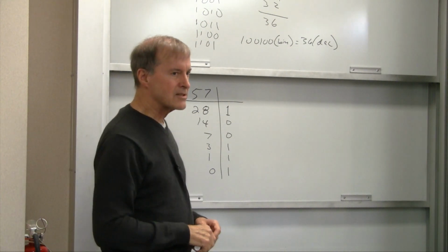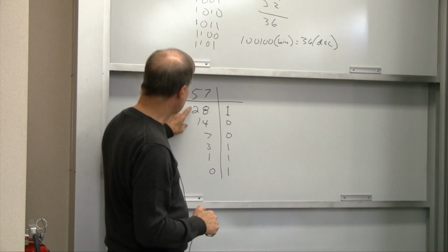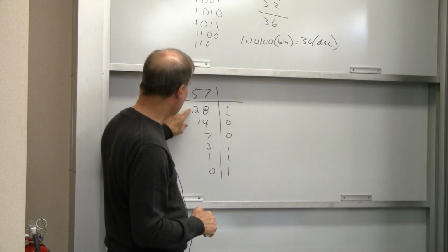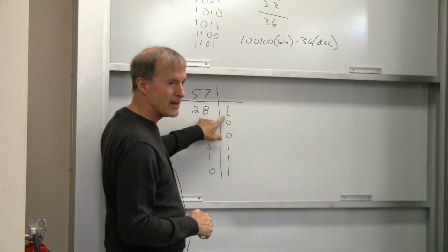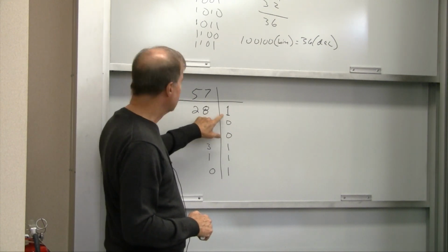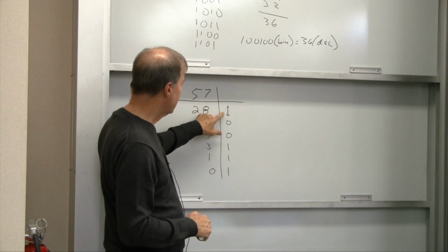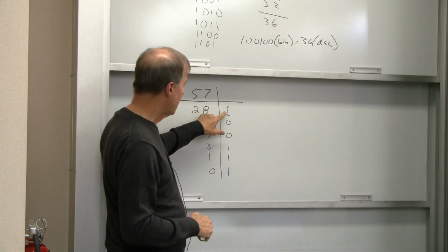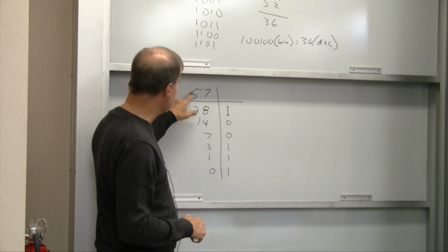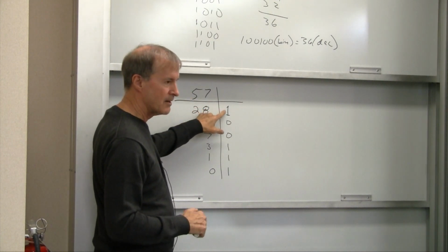All right, now tell me, which number are we generating here? Is this the digit on the right, the least significant one? Look, if the number were even, this digit would be a 0. But if the number we're converting is odd, this digit will be 1.